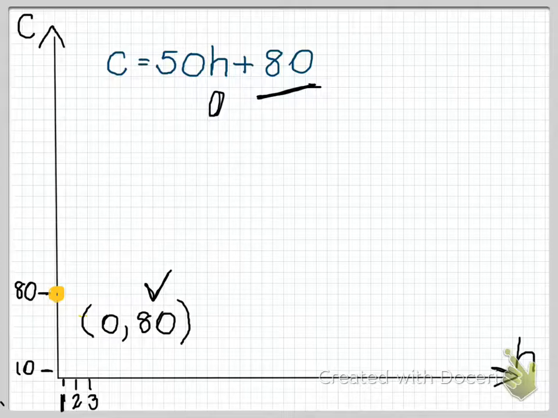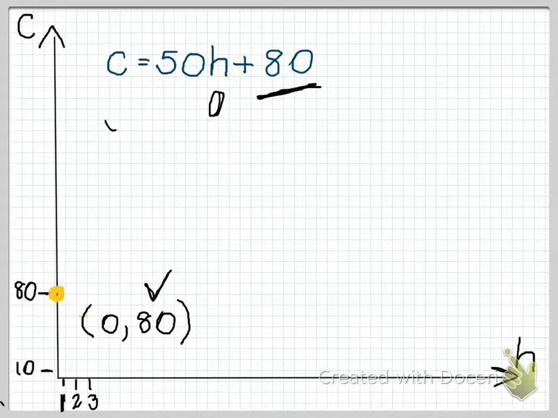That's why the 80 is on the y-axis. Because any value on the y-axis is where the value on the horizontal axis, the h-axis, which is the same as the x-axis, is 0. So that's my first point.